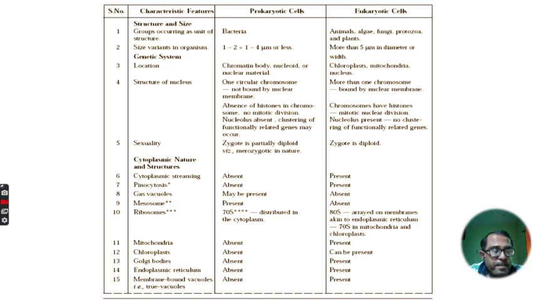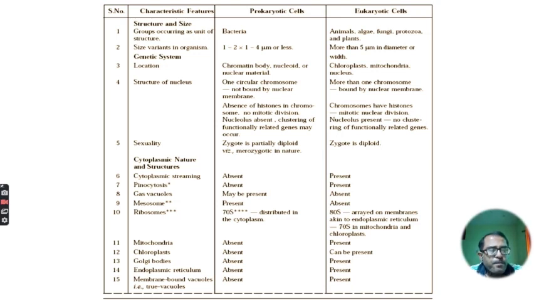So because of this character, whether the nucleus is well developed or not, depending upon this character, we have differentiated the cells into two types, prokaryotic cells and the eukaryotic cells. These prokaryotic cells do not have a well developed nucleus, while the eukaryotic cells have a well developed nucleus.